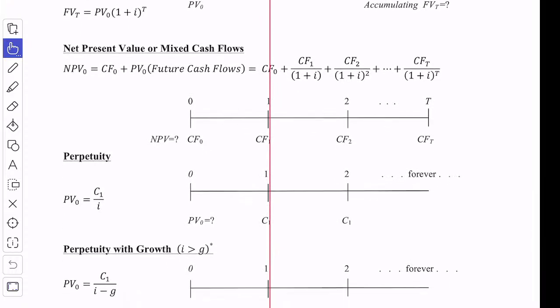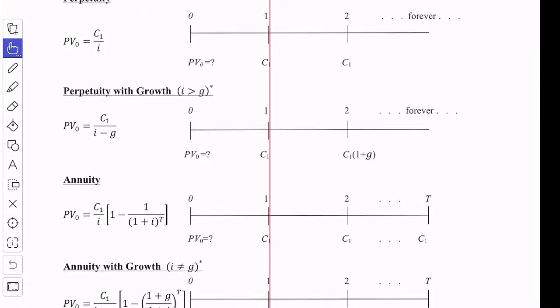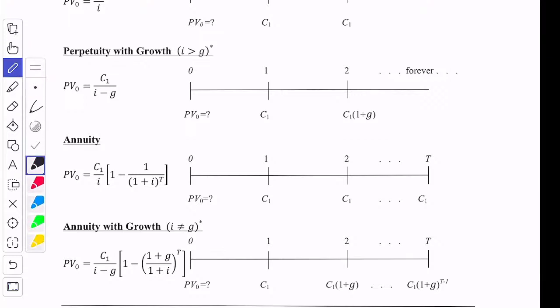We've talked about perpetuities and perpetuity with growth, and we've talked about annuity. So that just leaves the last formula. I also encourage you to add the extra formulas like annuity due formula and the two different formulas associated with annuity due.